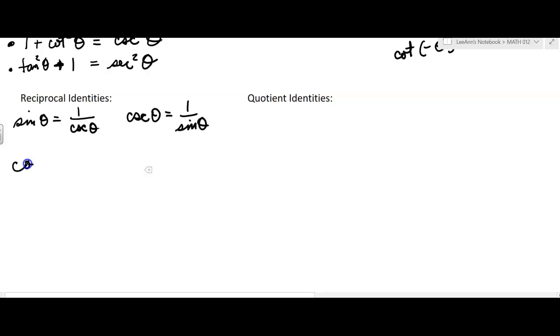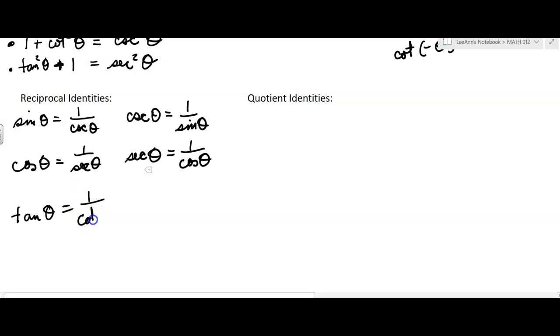And then cosine theta is equal to 1 over secant theta. And secant theta is equal to 1 over cosine theta. And then tangent theta is equal to 1 over cotangent theta. And cotangent theta is equal to 1 over tangent theta.